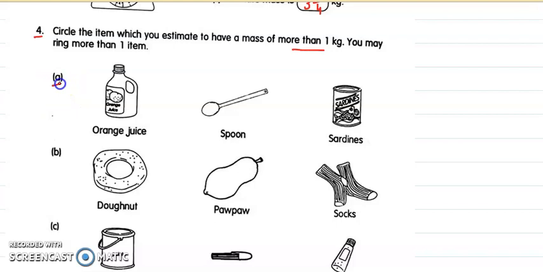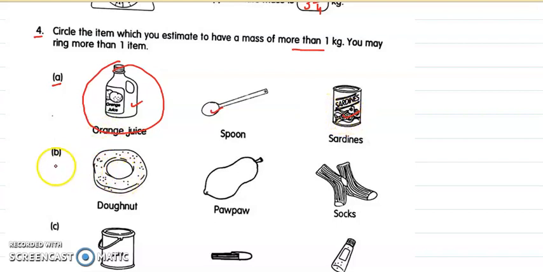Like in the first one, we have orange juice, a spoon, and here is a box of sardines. If we look at this one, of course, this one is looking more than 1 kilogram. This box is not looking more than one. It always comes almost in the half kg or in the quarter kg.